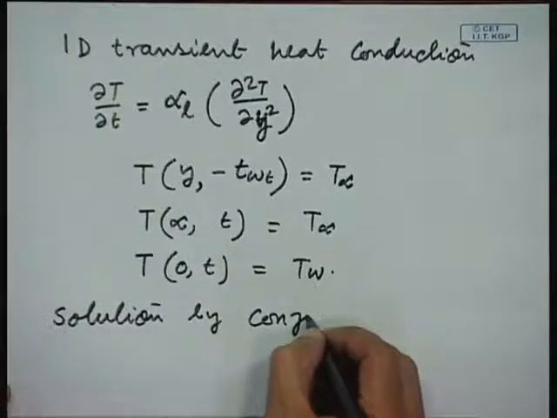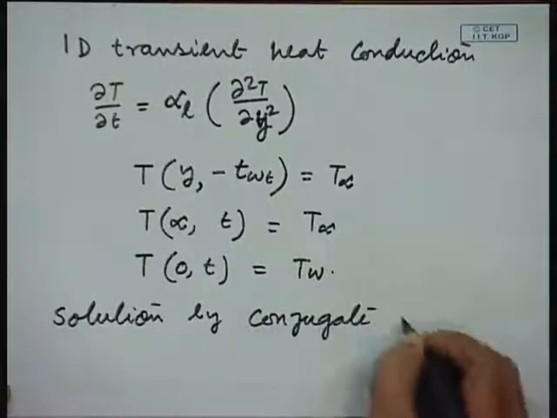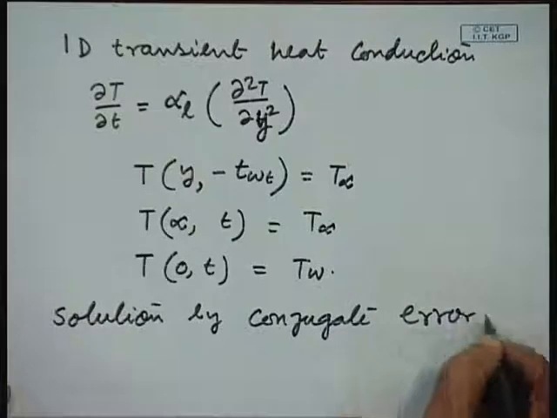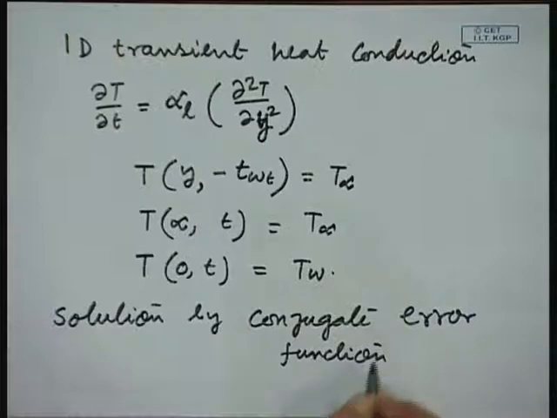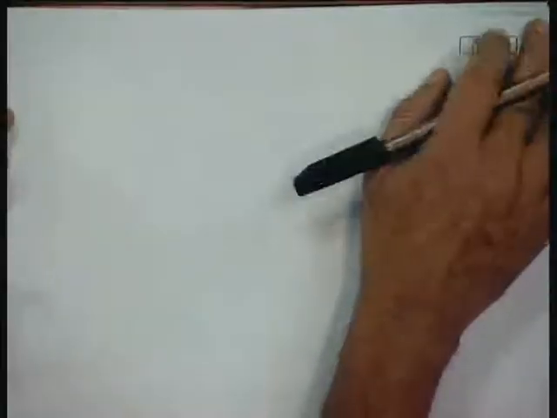solution by conjugate error function. So, this solution we can get by the conjugate error function. First, instead of writing the conjugate error function, let us show what the temperature profile will be during the two phases.